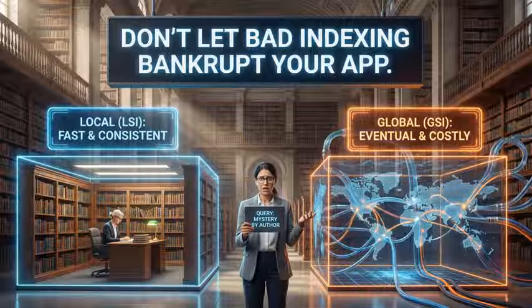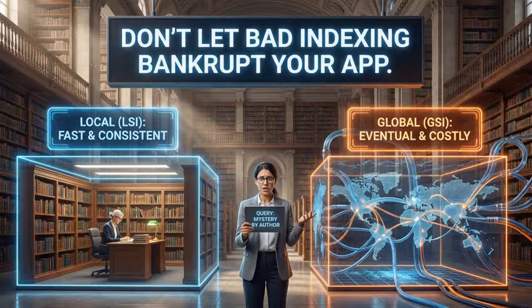So we get two flavors of secondary indexes. Local secondary indexes, LSIs, are tied to each partition's data. They use the same partition key as the base table. Think of them as local detectives who only search their own neighborhood. Global secondary indexes, GSIs, span all partitions with their own independent partitioning scheme.